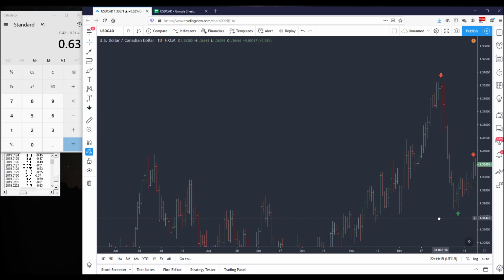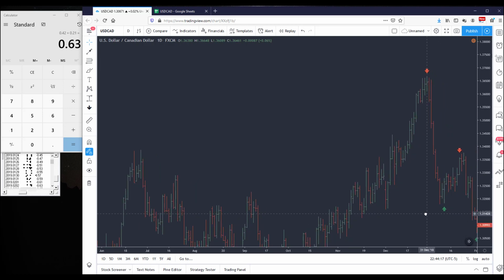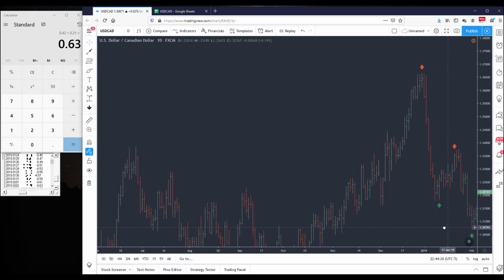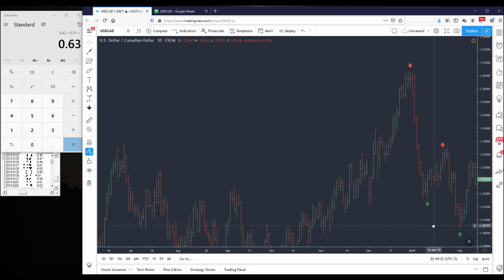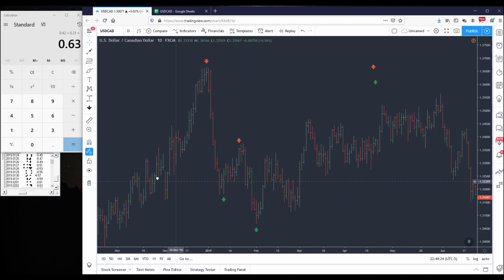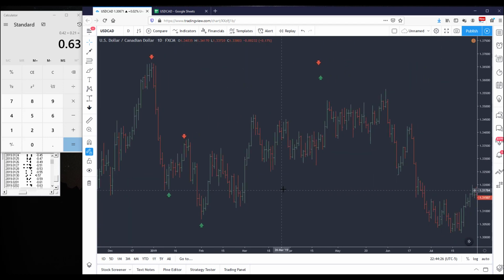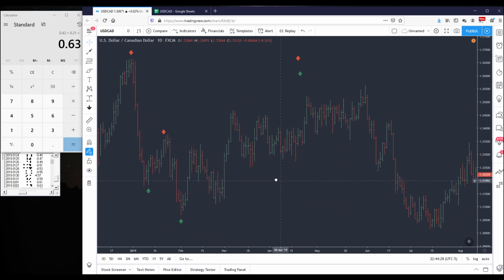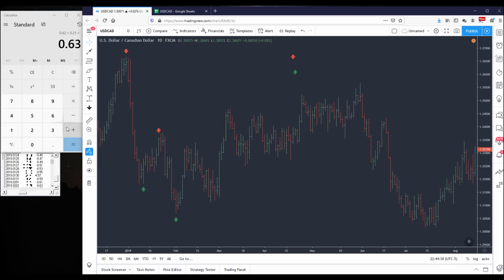The cycle date hits, and now we start going into the second direction. The cycle date hits, now we're expecting it to go the second direction. So I'm going to do this for the entire chart. You can forward through this if you're watching this video, but I'm going to do it to show you I'm actually getting these numbers from somewhere. I'm not just making this up. So let's do that now.